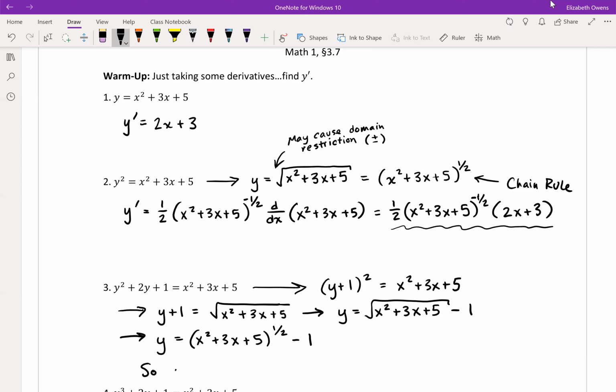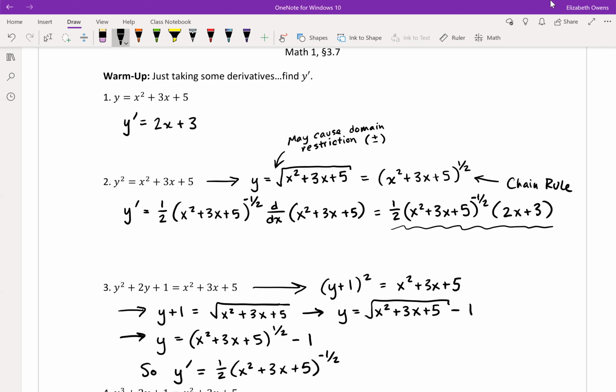So then when we go for that derivative, y prime would equal, doing the same type of cover-up thing, taking the derivative of this term would look exactly like what we just did. 1/2 x squared plus 3x plus 5 to the negative 1/2 power. Got it this time.